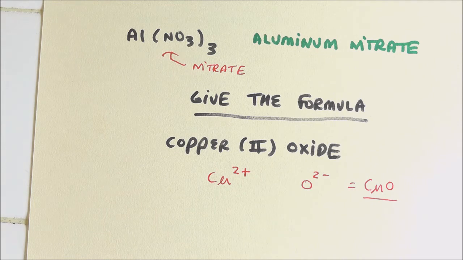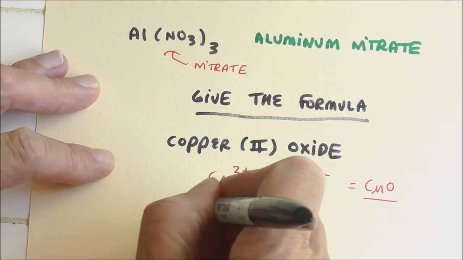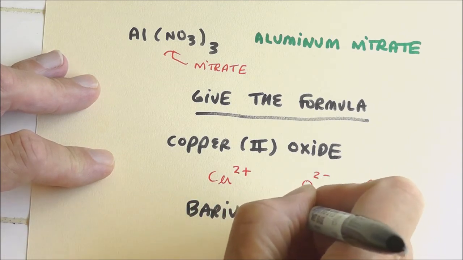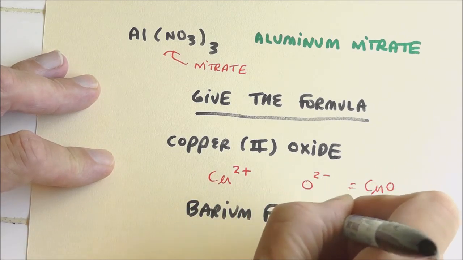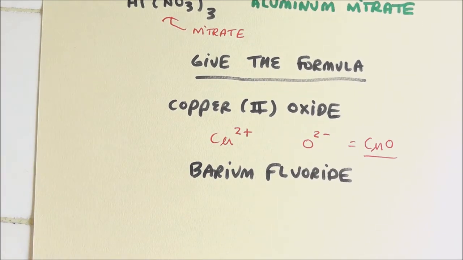So let's talk about another one. Let's say we're going to get the formula of barium fluoride. This one, when they're in the main group and you're going backwards from name to formula, is a little bit tougher. You have to find its position in the periodic table.